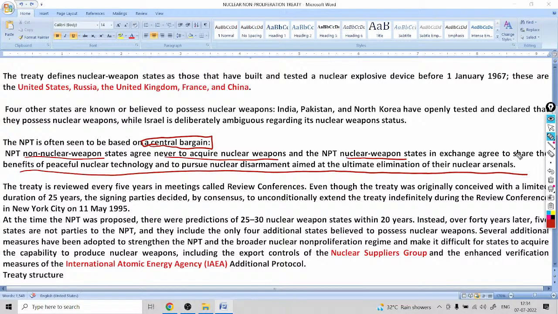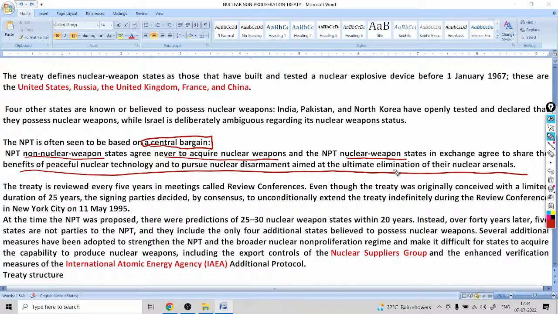You see, the apprehension was that in the course of time 25 to 30 countries would acquire nuclear weapons, but what came to the picture is that only 4 to 5 countries tried to acquire nuclear weapons, and not more than that. Only 5 countries were legitimate nuclear weapon countries, and the rest, 4 to 5 countries, acquired nuclear weapons.